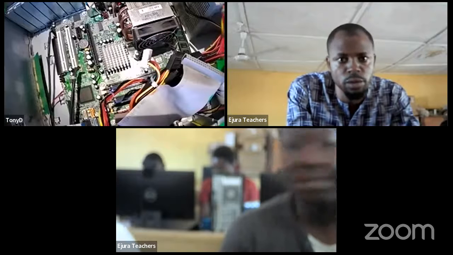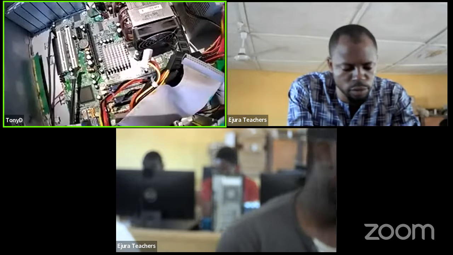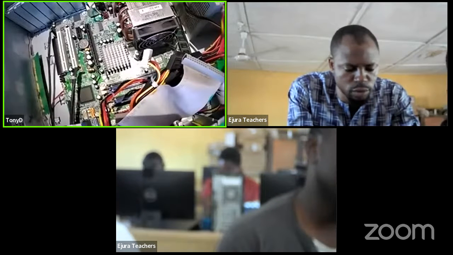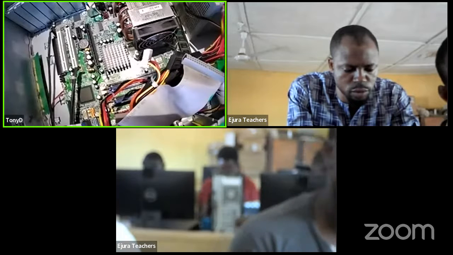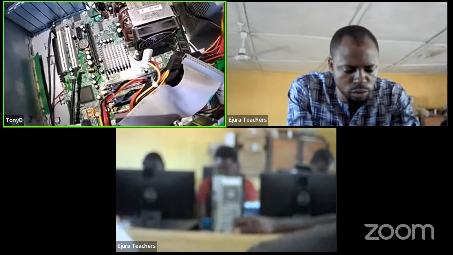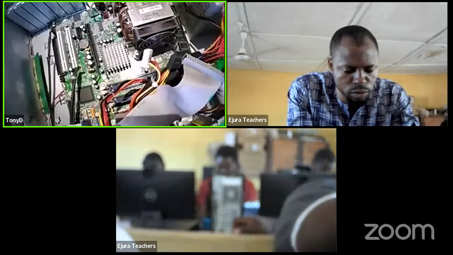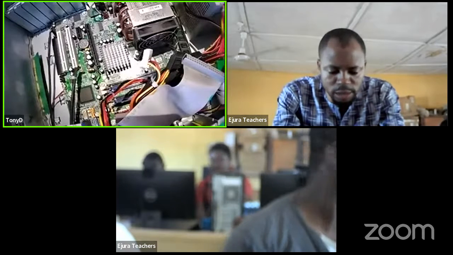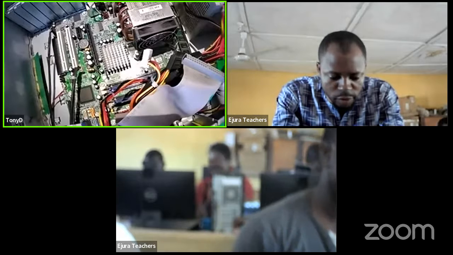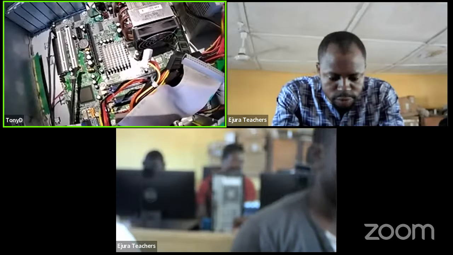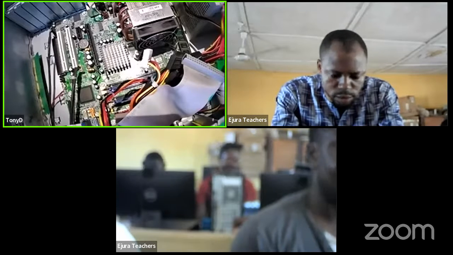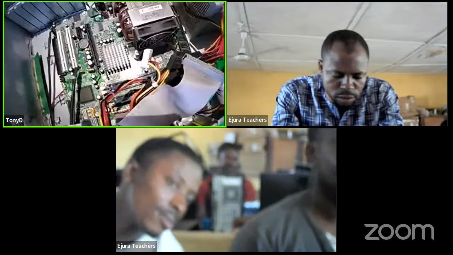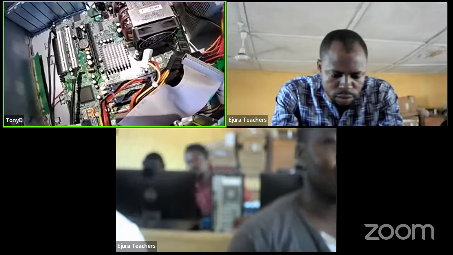No, remember that we said the CPU is the brain. If the CPU, the central processing unit, is the brain of the computer, it is that side that does the thinking. So what does the motherboard do?